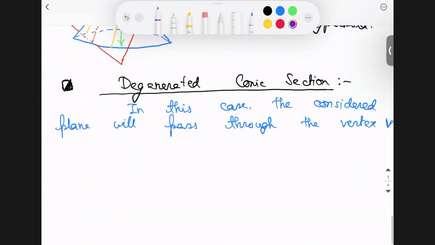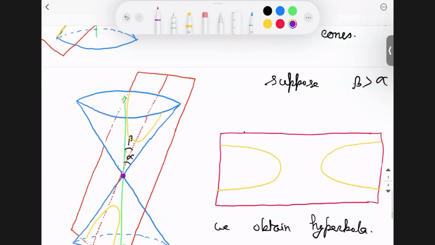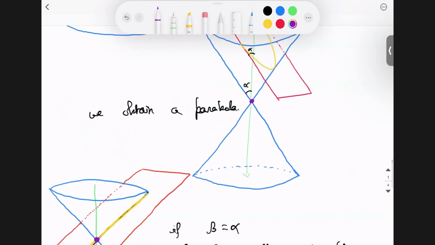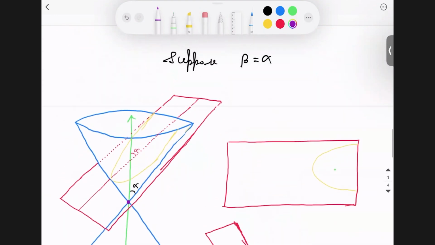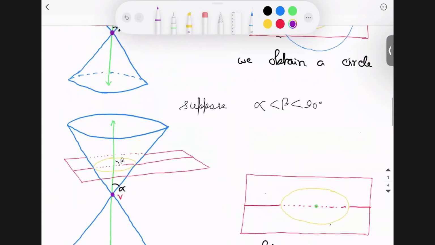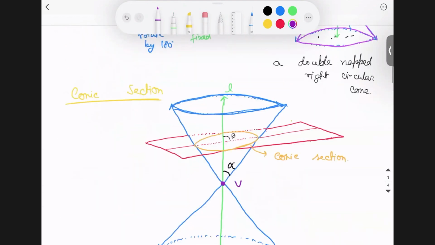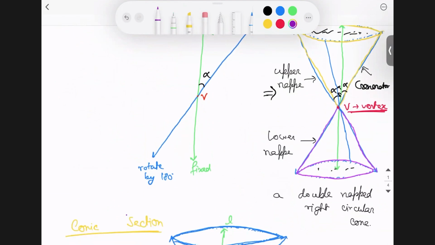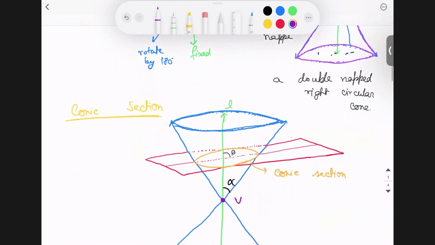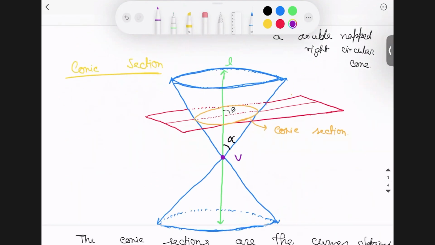Now, among all these figures, I am scrolling down through them. You can see one such case I have already discussed. But let's go through it from the first. Here I have discussed the double right circular cone. After that, I discussed how a right circular cone looks when intersected by a plane. So here is the image.